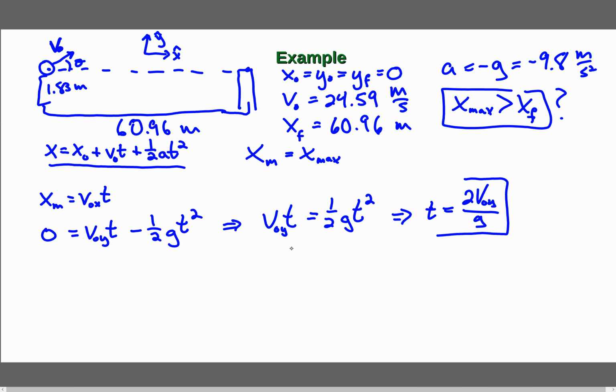So our vertical motion has dictated the time that we're in the air, and we stick that into our equation for x max here to figure out what x max is.